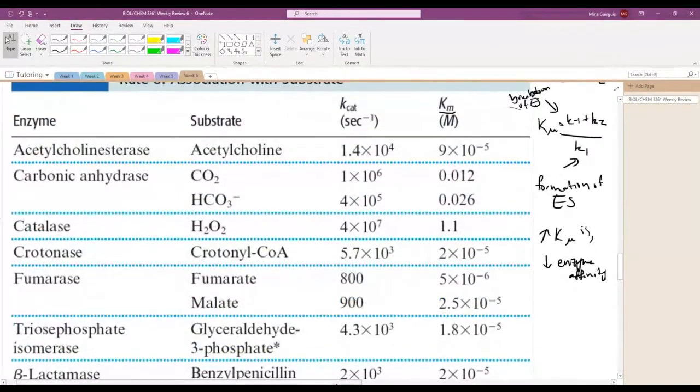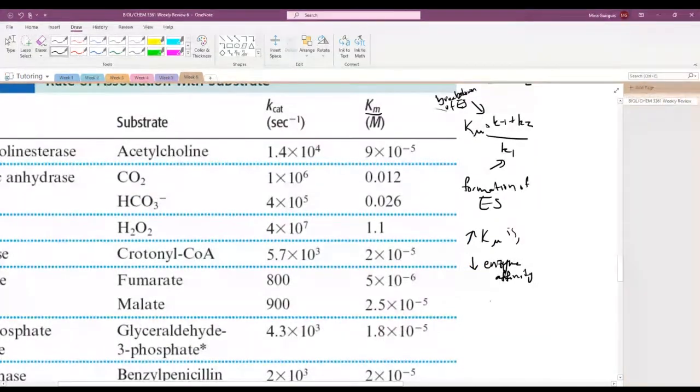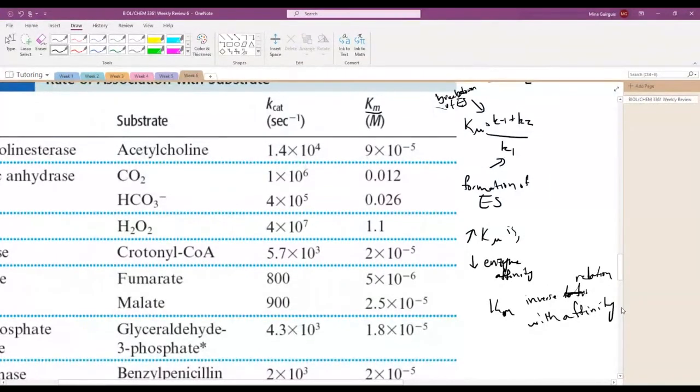So in other words, Km has an inverse relationship with affinity. Okay.